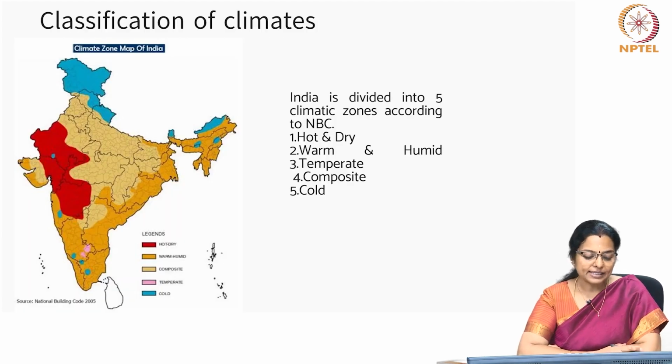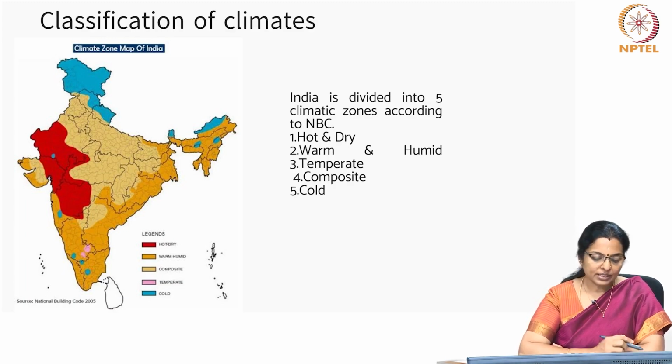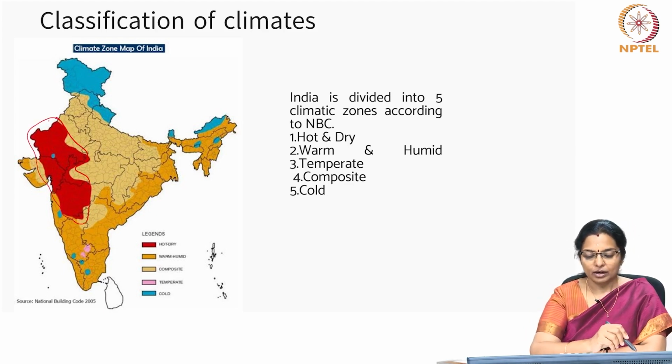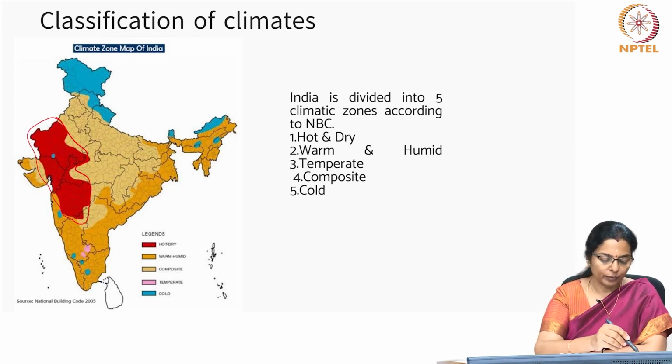So the NBC has divided India according to these 5 climate zones. First is the hot and dry climate zone along the west. Then there is the warm and humid belt. All this is warm and humid.